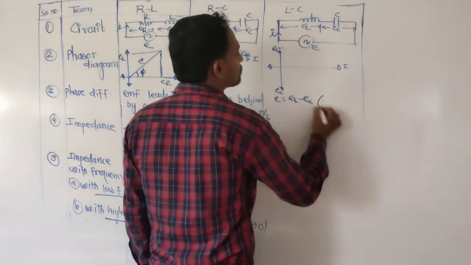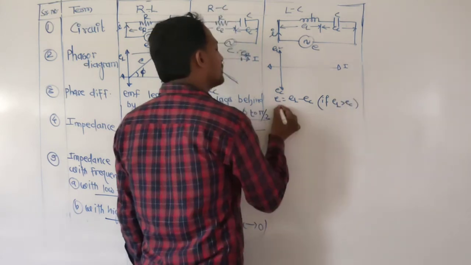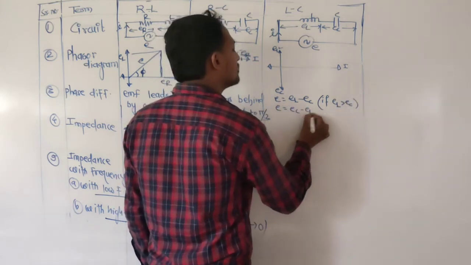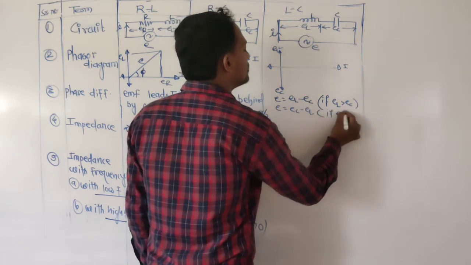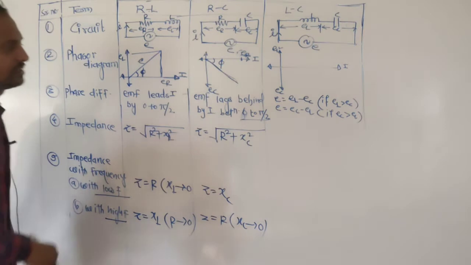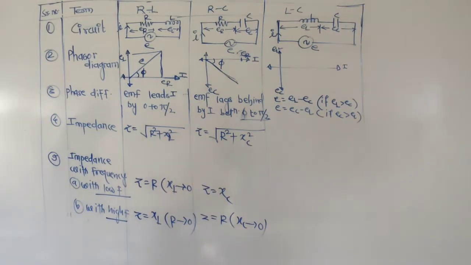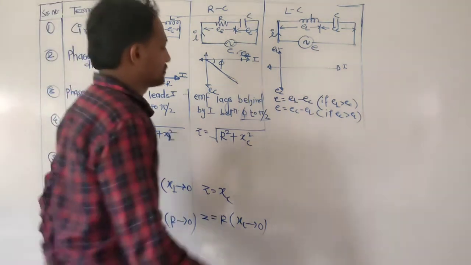if EL is greater than EC. And the second condition, E is equal to EC minus EL if EC is greater than EL. So these are the two conditions for the resultant EMF. What about the phase difference?